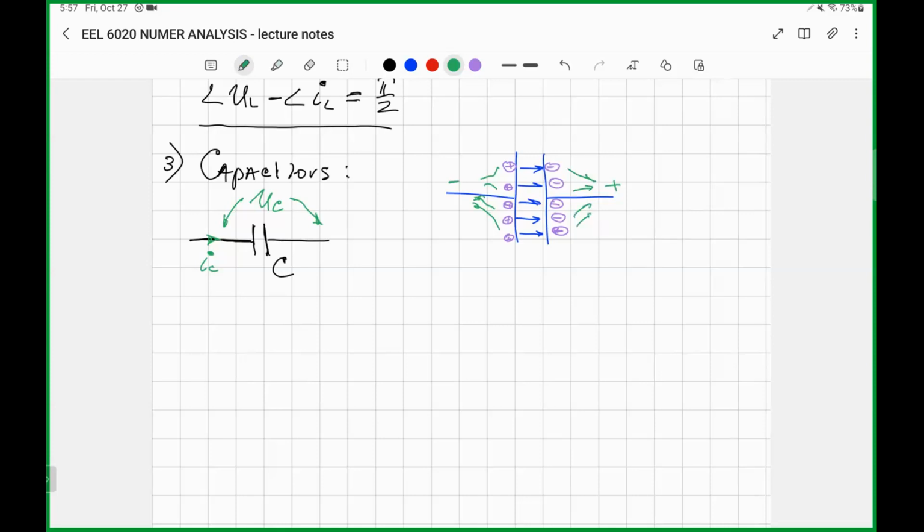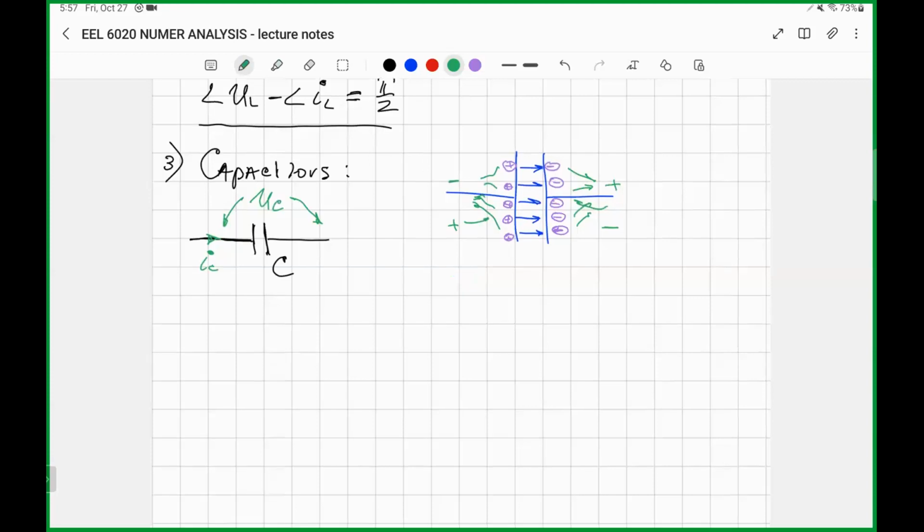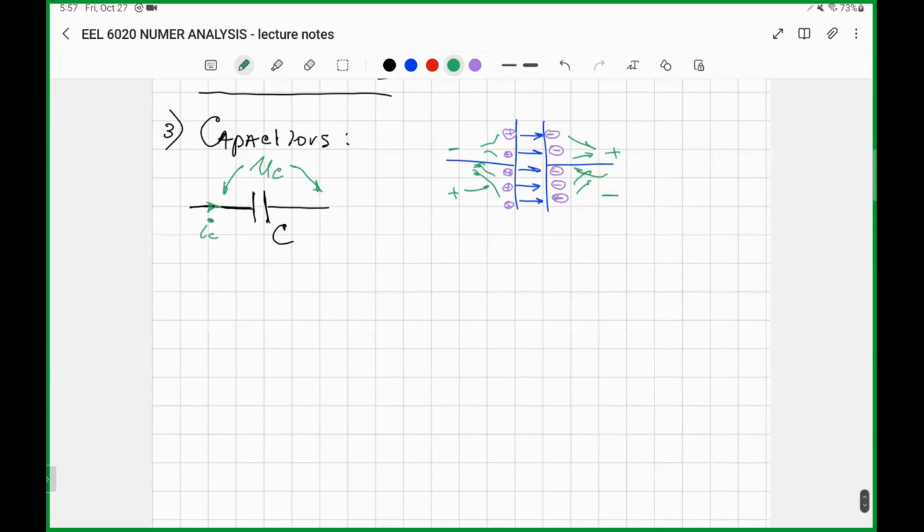At the next time instant, this one is positive and this one is negative, and again some of these electrons repel toward this side and positive charge to this side. So effectively we have a flow of charges, a current, even though we have an insulator between the plates.